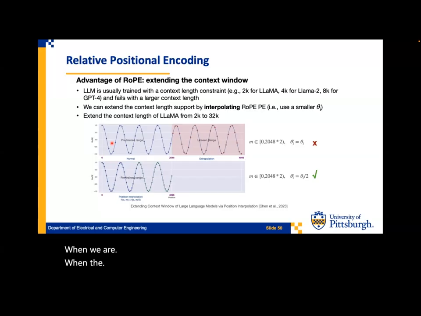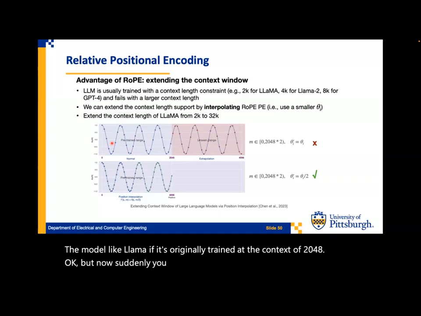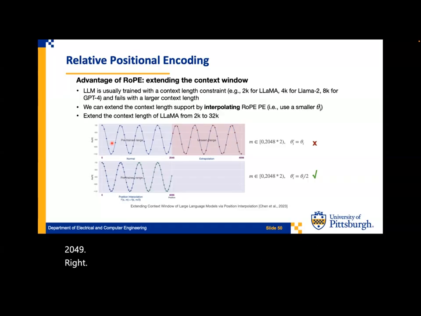When a model like Llama is originally trained with a context of 2048, and suddenly you give an extra token, which is 2049, the position encoding still works. It just gives you the new position encoding.